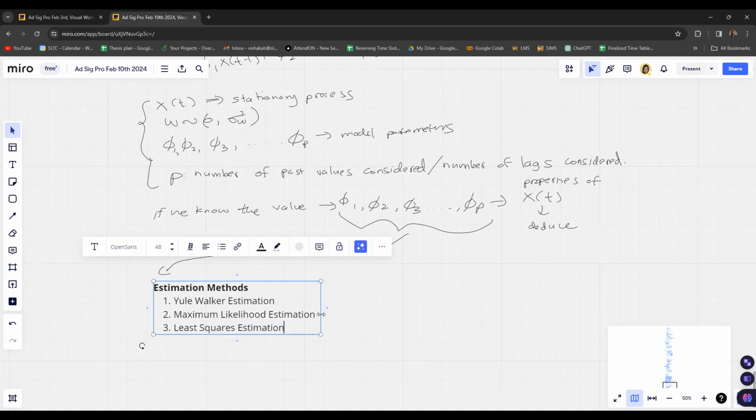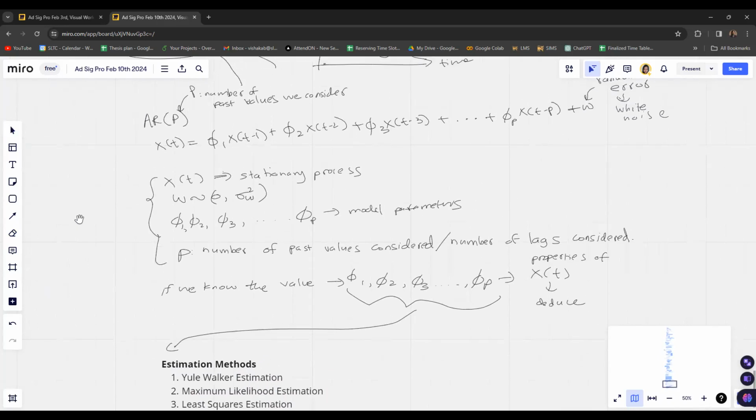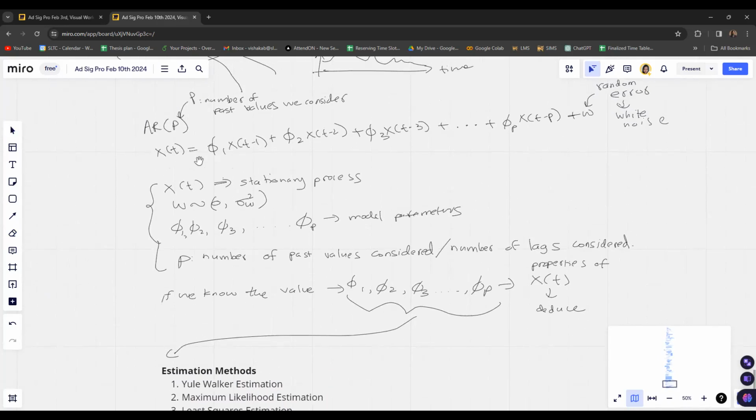The least squares estimation method, the maximum likelihood estimation method, and the Yule-Walker methods can be used for estimation of the unknown parameters in this model. Those are the widely used estimation methods, and you can use them to solve for the unknown parameters in this AR model.